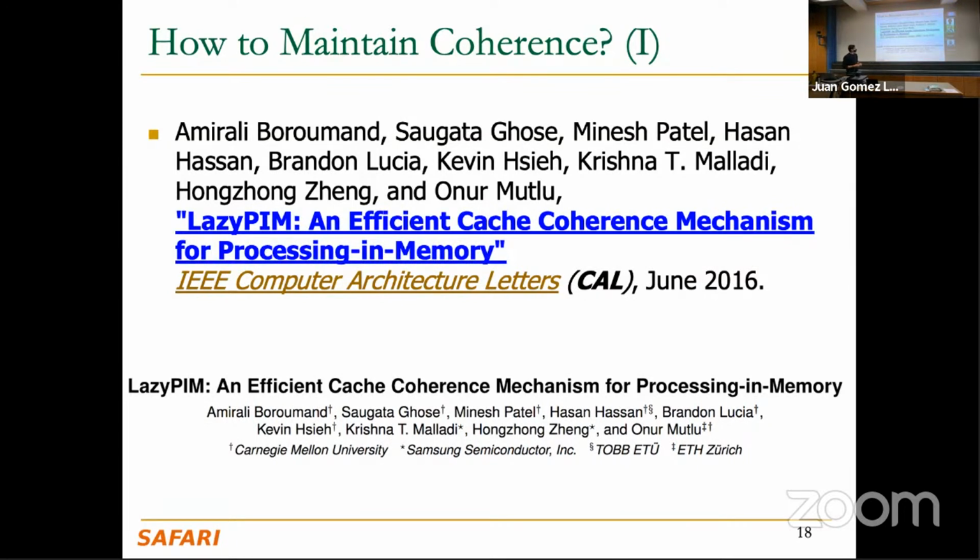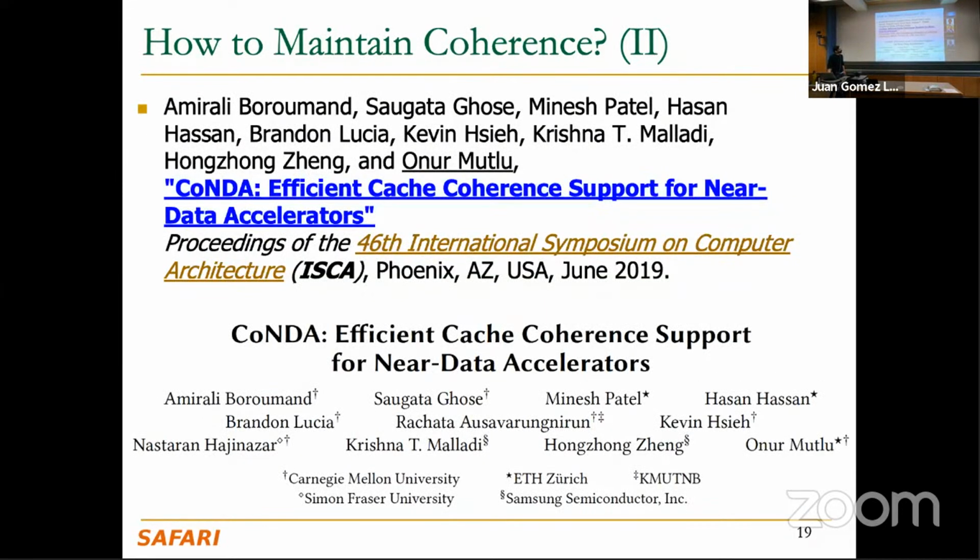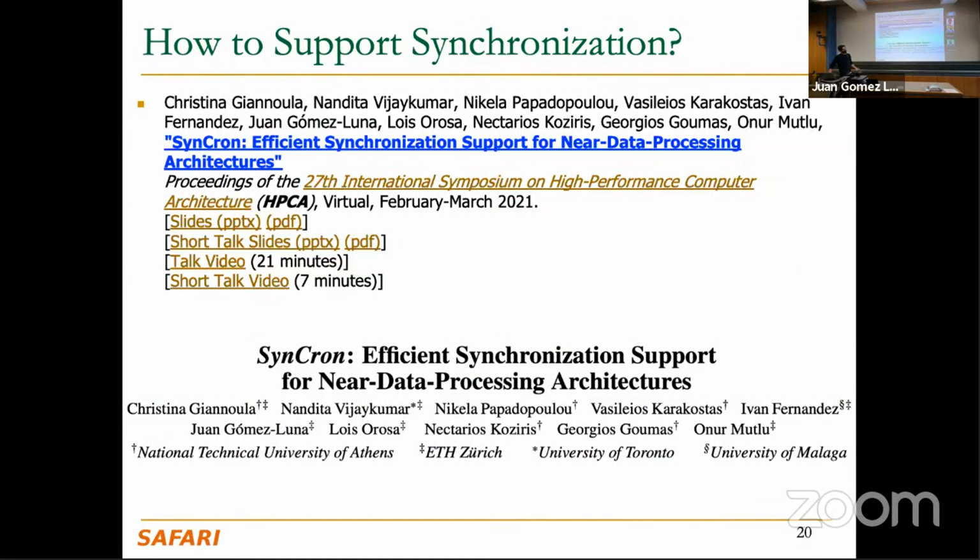And that's what this LazyPIM work is about, and also this extended version of it, which is CoNDA, quite recent as well, in ISCA 2019, as you may remember. And yeah, it's a kind of optimistic way of maintaining memory coherence that results in very good performance, very close to the ideal. But maintaining memory coherence is not the only thing that we should support in the system.